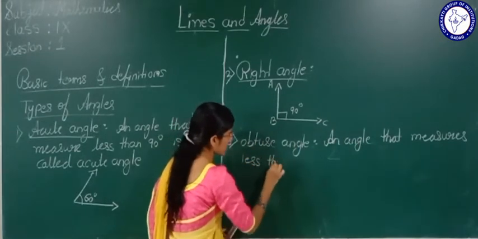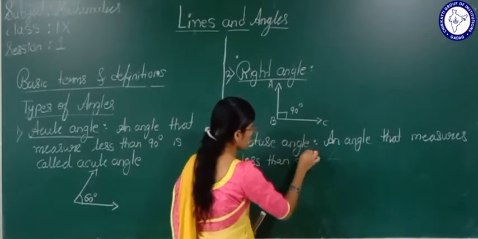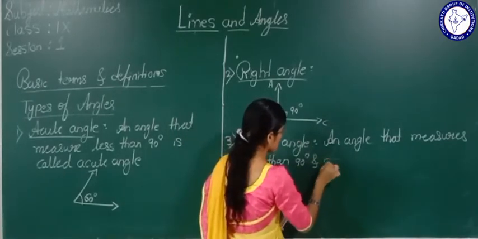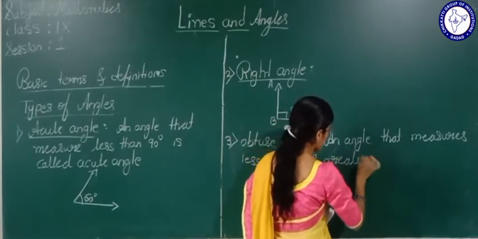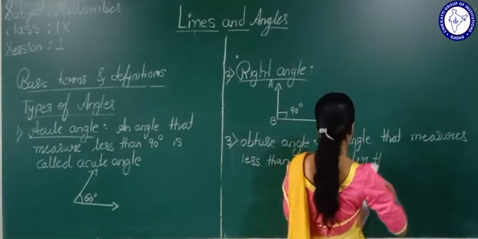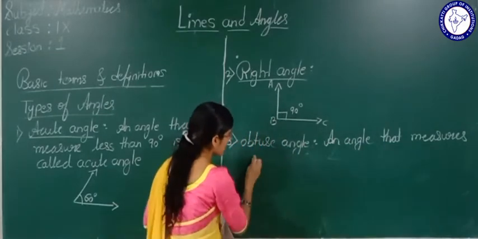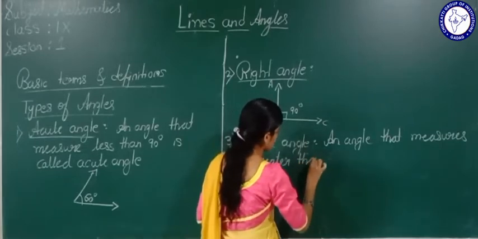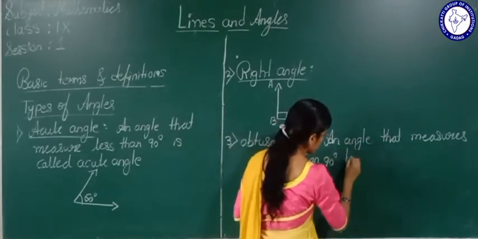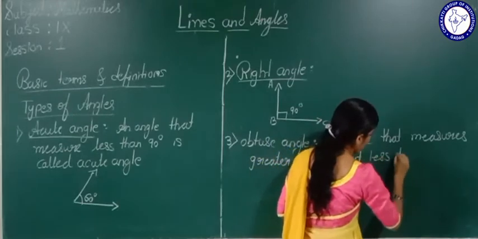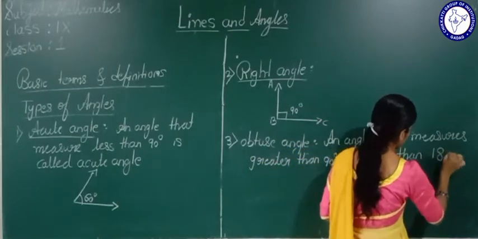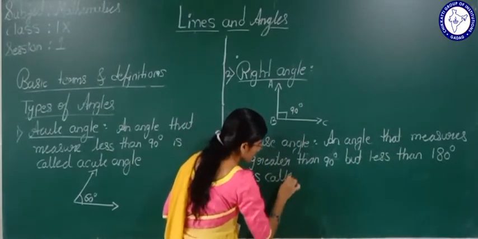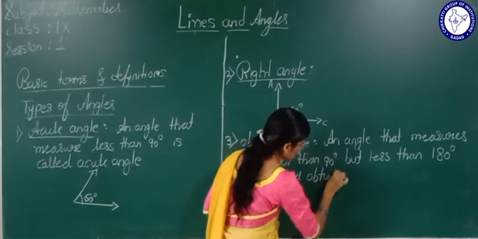An angle that measures greater than 90 degree but less than 180 degree is called obtuse angle.